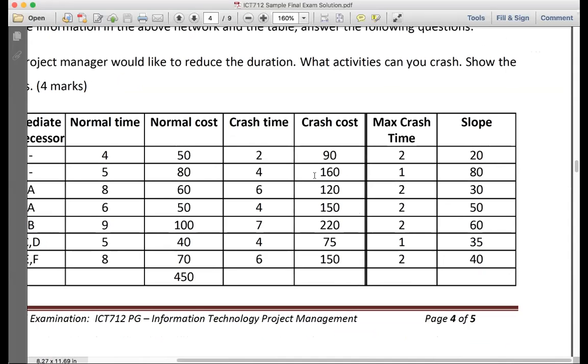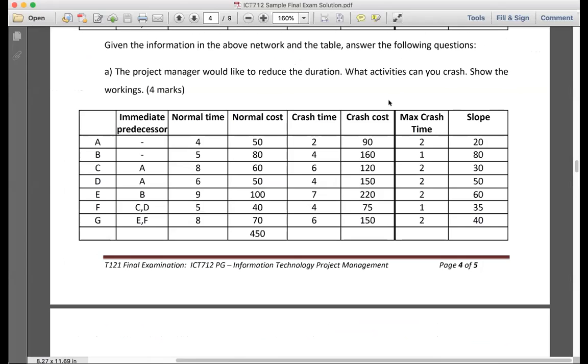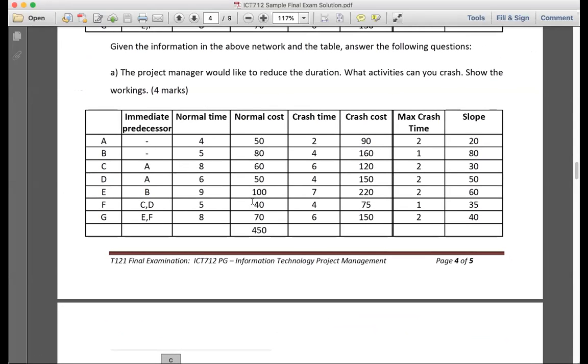Okay, great. So if you crash A, your project cost becomes what? The normal cost is 450.